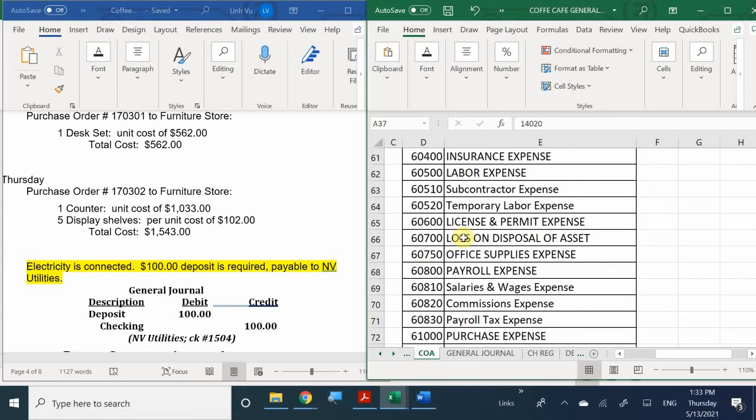So in this case, it's not an expense. Is it considered a liability then? Why would it be a liability? We're making a deposit. Why do we owe them this deposit money? Well, we owe the deposit to get the electric turned on so we can get started.